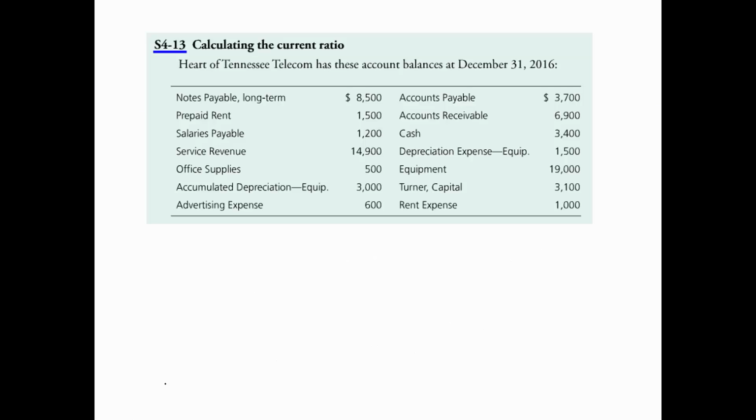The last problem here: again, we just want the current assets, and we're going to lower everything long term. So we want total current assets divided by total current liabilities.